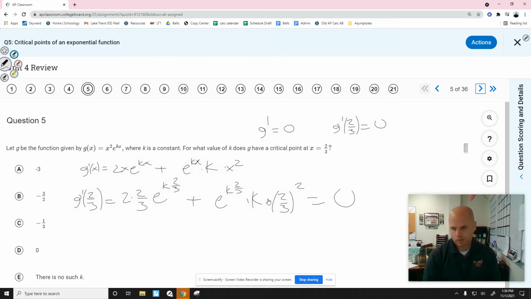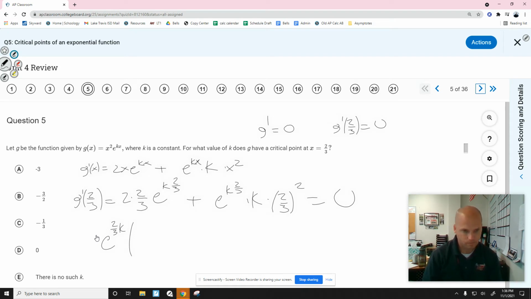Now it seems complicated, but we talked about when you have e and a derivative with e and an x, usually the key to solving is to factor out the e to the whatever power it is. Here, e to the 2/3 k can be factored out. E to 2/3 k is always positive, so you almost ignore it. I mean, it'll never equal 0, it's never negative, we ignore it.